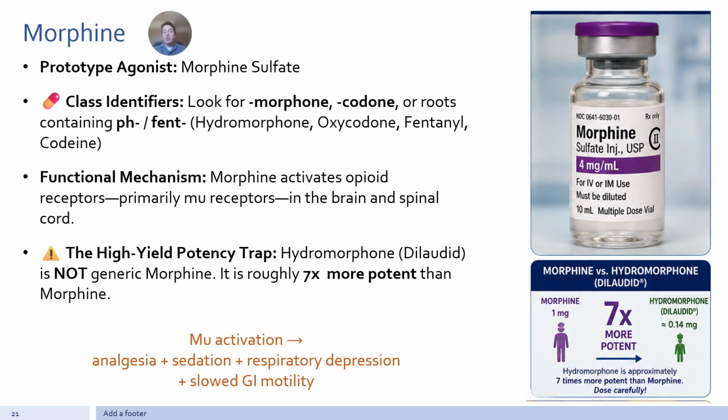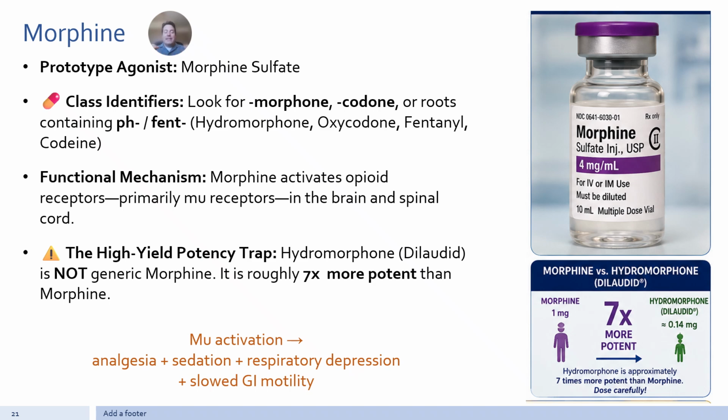Our archetype drug for this class of opioids is morphine, and you can identify its relatives by looking at names containing morphone, like hydromorphone, or codone, like oxycodone, or roots with phent, like fentanyl. Now pay close attention to a high-yield safety trap that Saunders often flags.